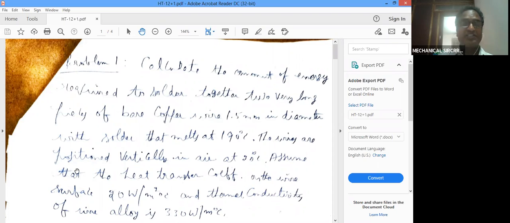The wires are positioned vertically in air at 20 degrees centigrade.